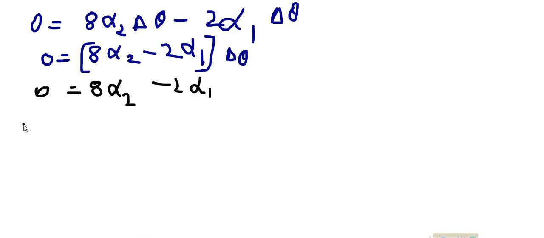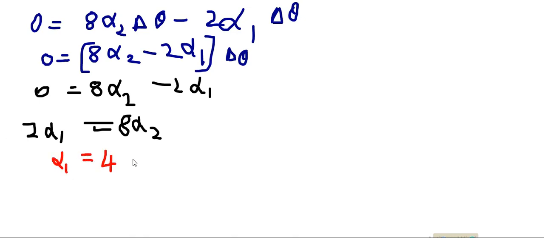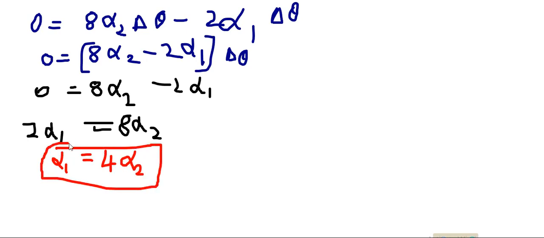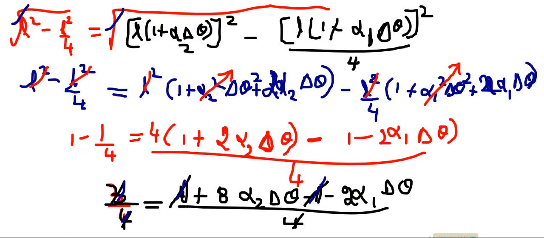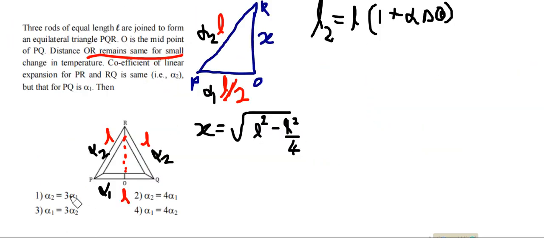The remaining is 8 alpha 2 minus 2 alpha 1 equal to 0, so 2 alpha 1 is equal to 8 alpha 2. Cancelling, alpha 1 is equal to 4 alpha 2. This is the final answer: option 4 is the correct answer for this question.